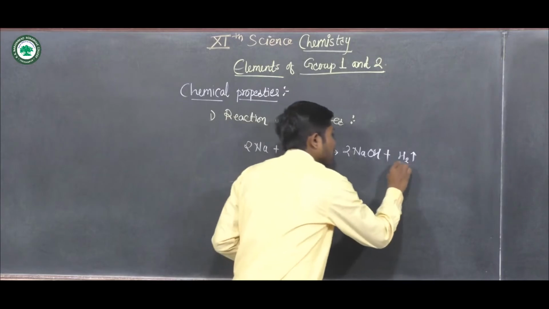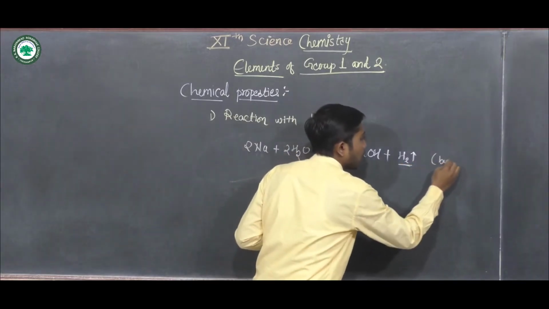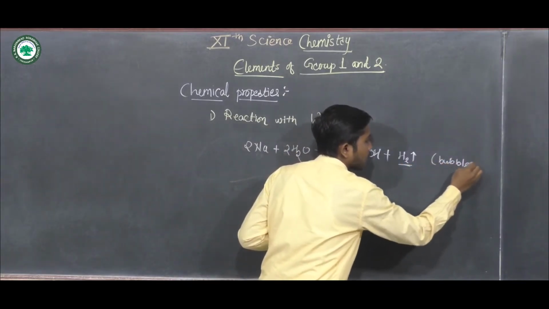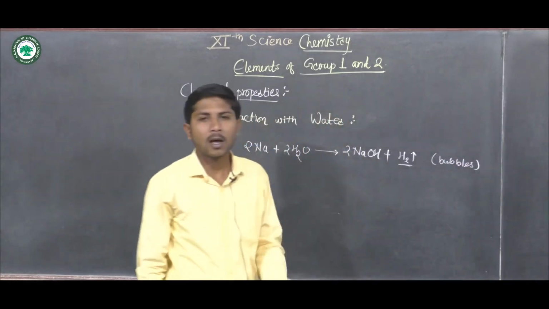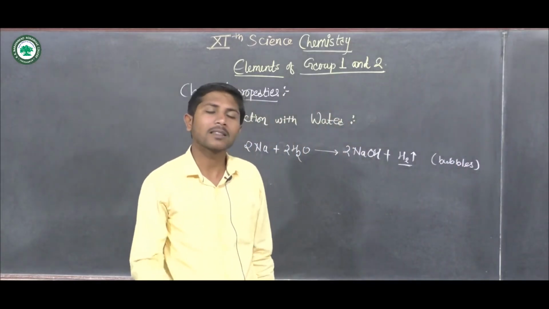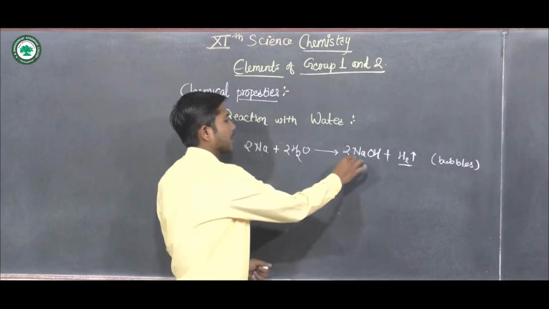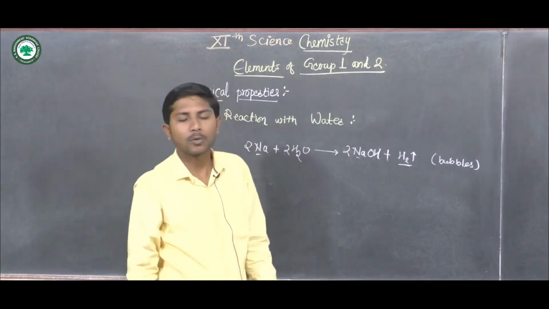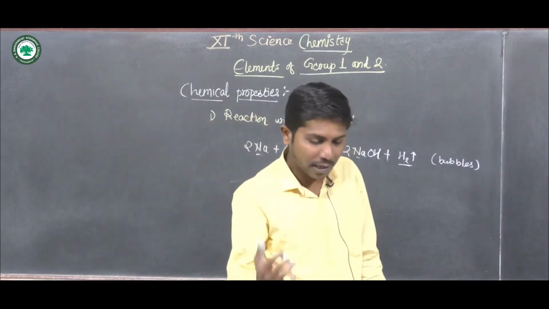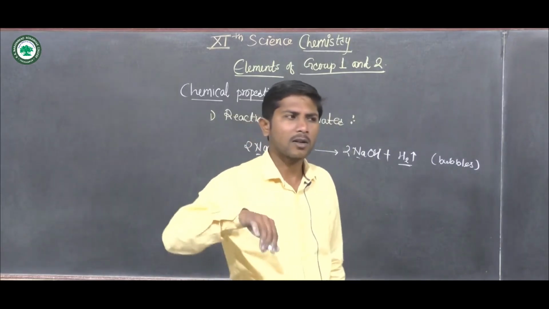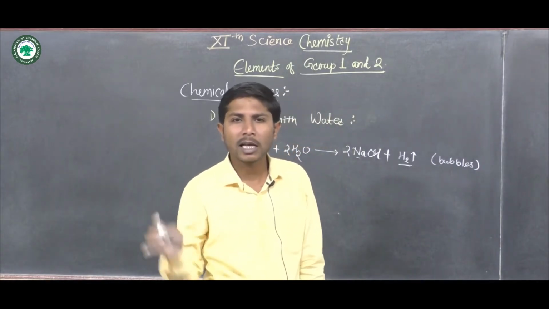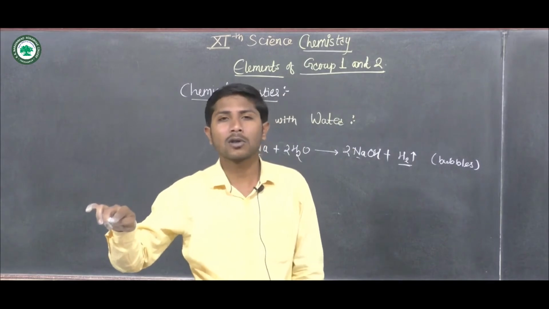These hydrogens form bubbles in the water, and that's why these metals, that can be sodium, that can be potassium, when they react with water, there is a formation of hydrogen gas or bubbles of hydrogen, and due to that they float on the water surface.